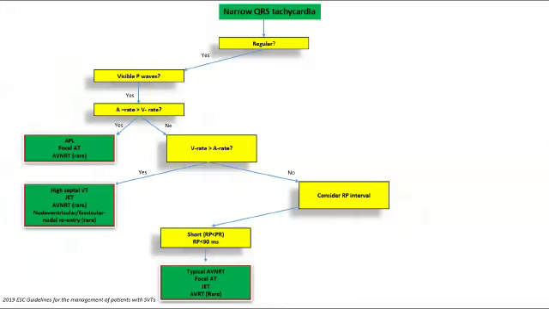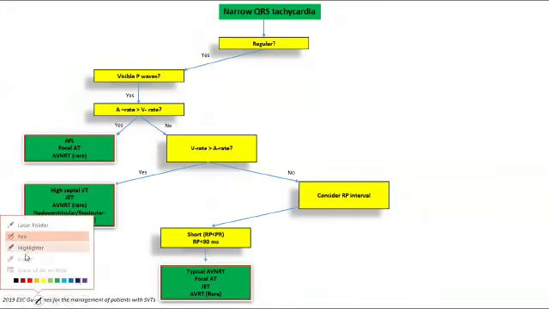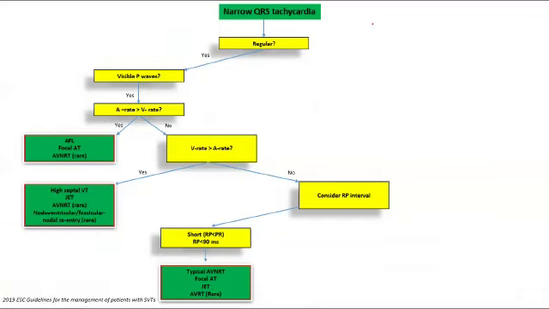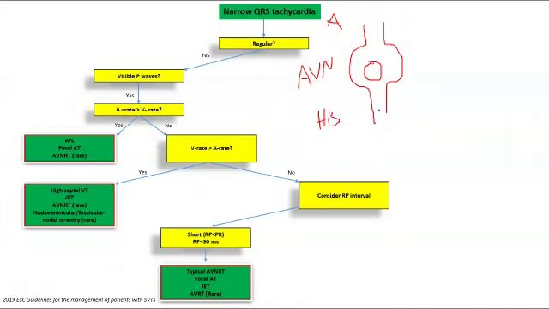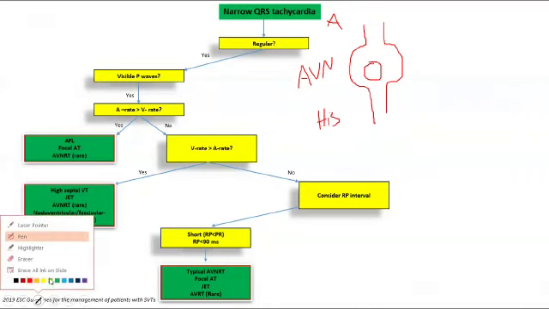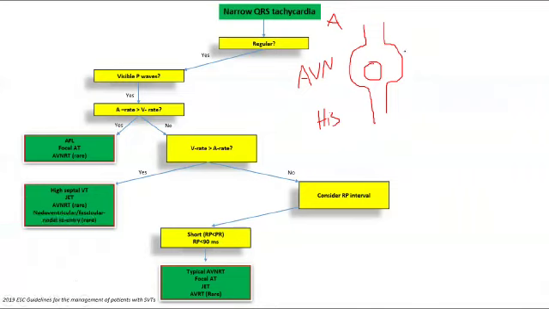Now, let's make some sense out of this. In normal sinus rhythm, this is your atrial side, this is your AV node, and then your His. In sinus rhythm, first of all, you have what we call a fast pathway and a slow pathway.